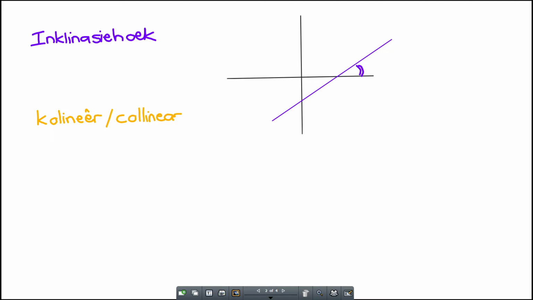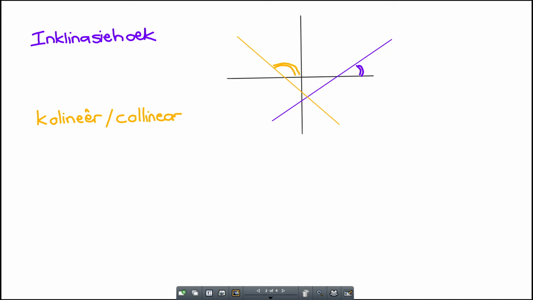As ek vir julle dit gee, kom ons maak hom nou soms so. Dan gaan my inklinasiehoek wees, take the x-axis on the right-hand side, move towards that line, met ander woorde, hierdie stukkie. Do you guys get it?